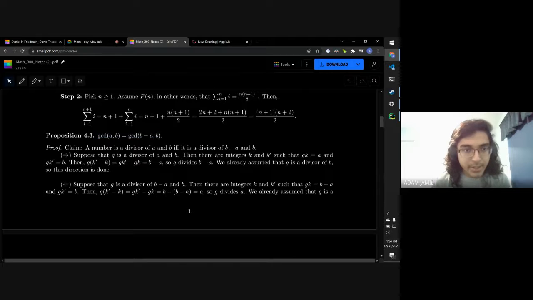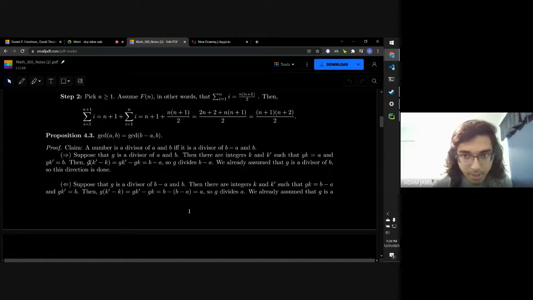Okay, so let's have g be our number. Let's prove the forward direction that this implies this. So g is a divisor of a and b. That means that since g is a divisor of a, we have some k such that gk equals a, and we also have some k prime such that gk prime equals b.